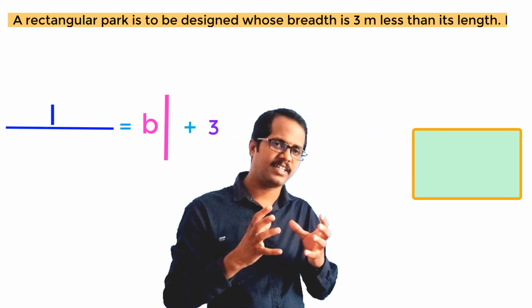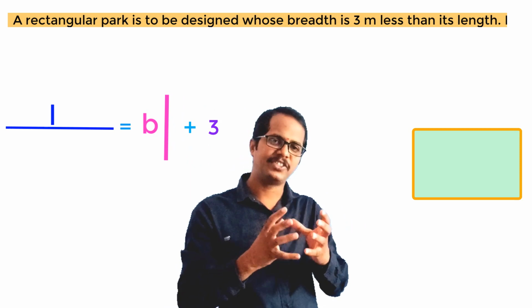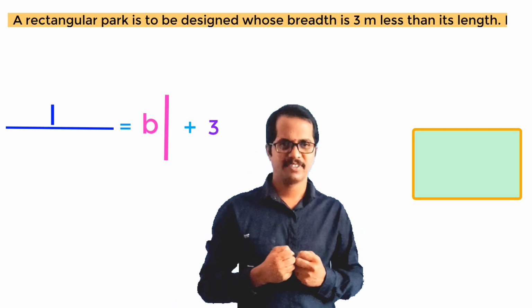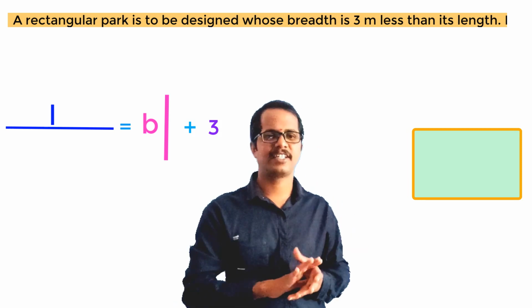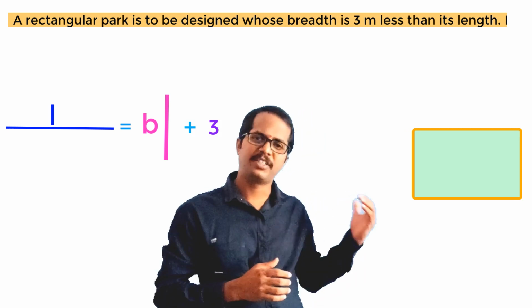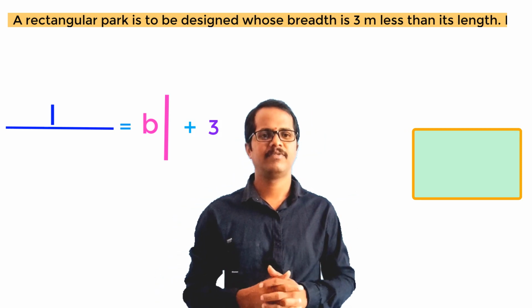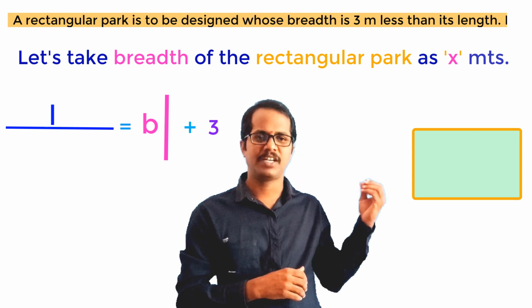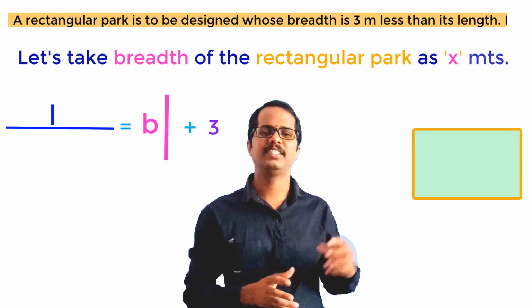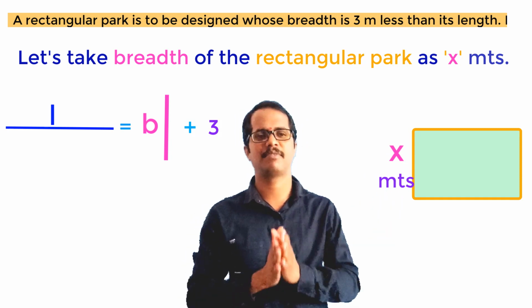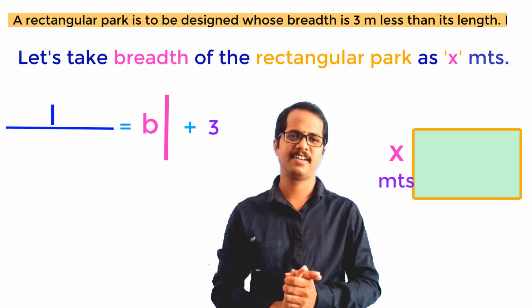So if we assume the width with a variable, then we can express the length of that rectangular park using that variable. So let us assume the width of the rectangular park as a variable x. So the width of the rectangular park is x meters.